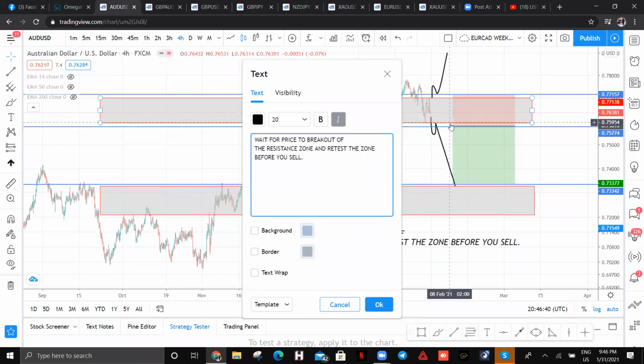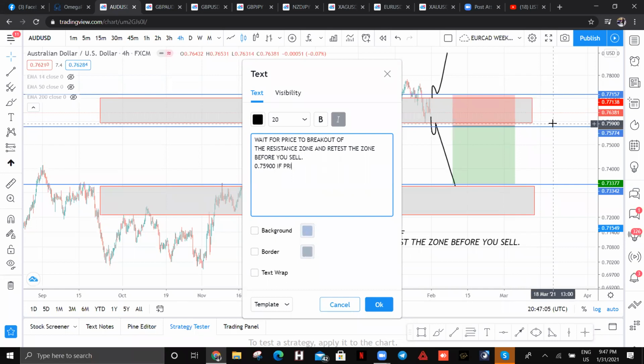So this zone now, if price is below, you can sell when price breaks below, let me see, 0.75900.